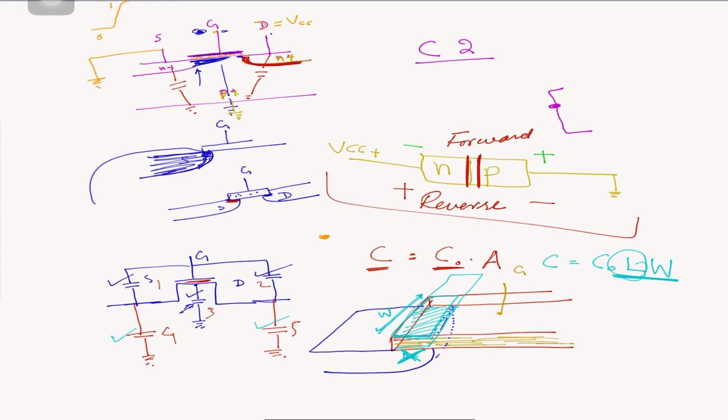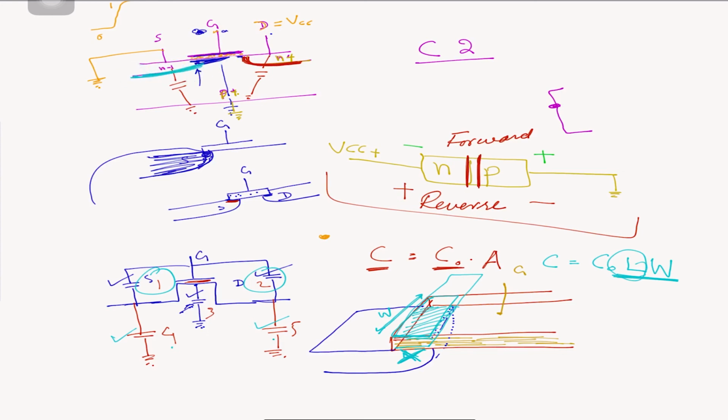So this was for 1 and 2. Sorry, I'm wrong, this was about 1 and 2. Same thing with 4 and 5. If you remember, this area really depends on the width of the transistor.